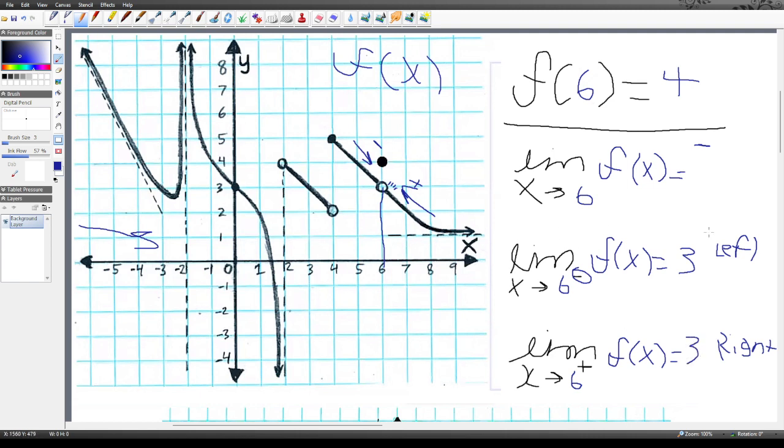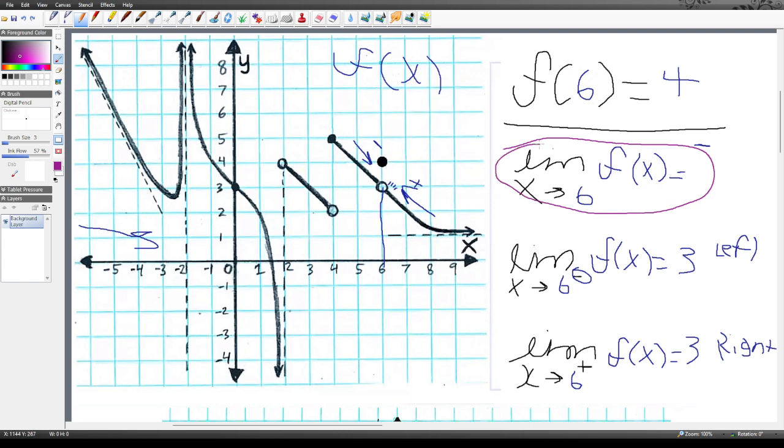So let's give it another try. Since these two are equal, that means your limit, when there's no positive or negative superscript, signifies that it's asking for the limit of both sides, from the left and the right.